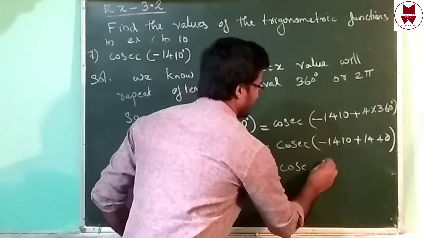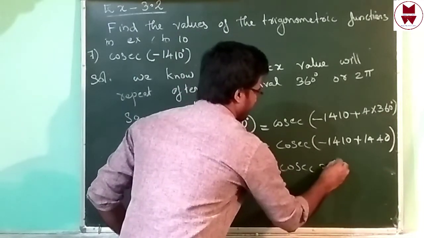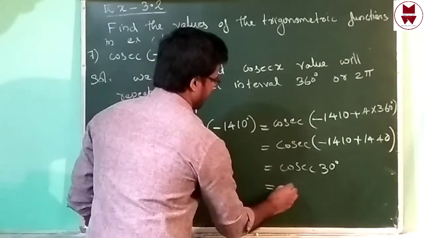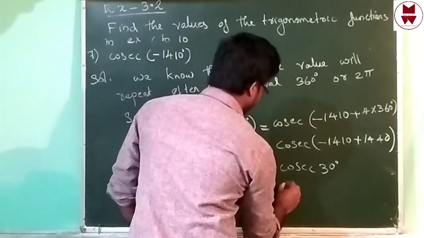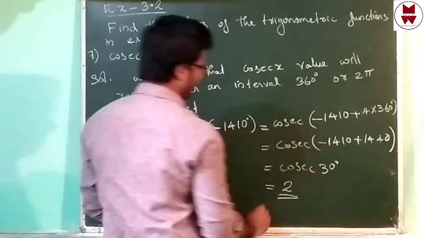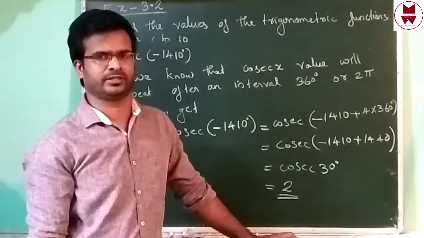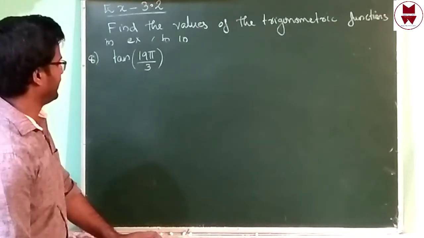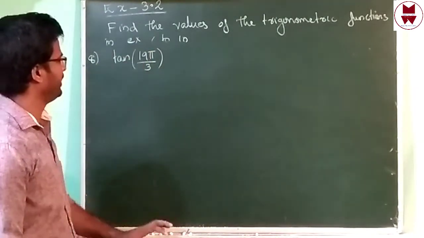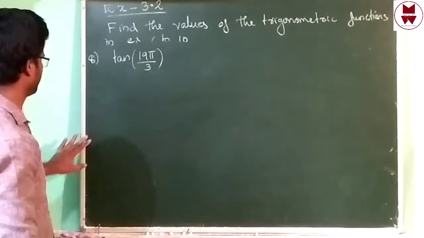What will you get? You will get only 30 degree, equal to cosec 30. What is cosec 30? You will get 2. Already studied in class 10. What is cosec 30? That is 2. This is our answer.